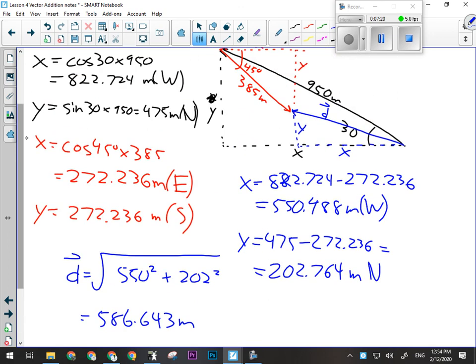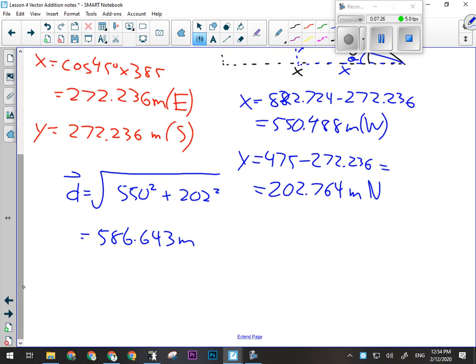Okay, now we need to get our vector. That's going to be this angle here that we need to find. I can use any trig function I want at this point, but I'm going to use tan. So tan to the minus 1 of essentially y over x for the way I drew that triangle.